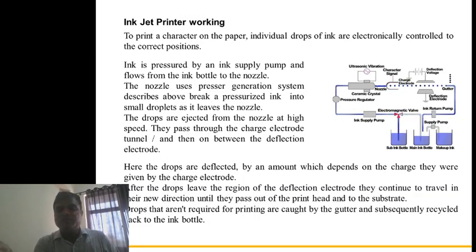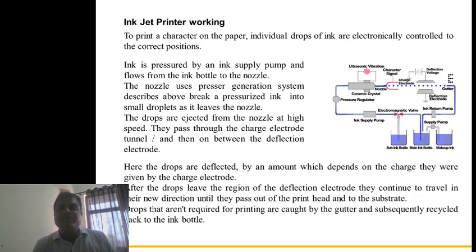That droplet moves and can be deflected with the help of the deflecting plate, and it is printed. Whatever matter we want to print, and then the remaining ink is collected by the gutter. See this diagram, it is clear: this collected ink is moved back to the ink tank.